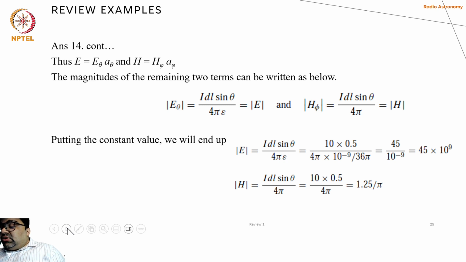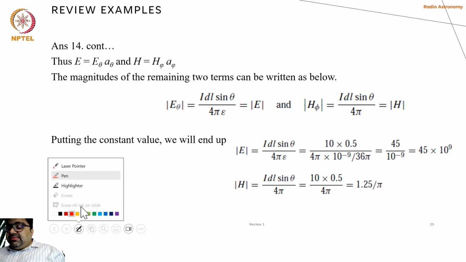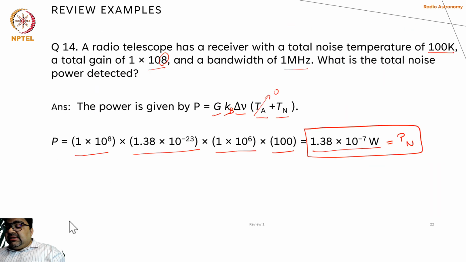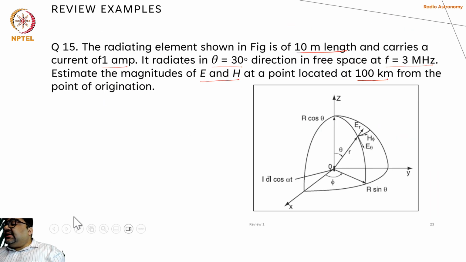If you write it down in this expression, that is all there. So finally, you go for the value of theta equal to 30 degree, so sine 30 is given. The length is 10 meters, current is 1 ampere, theta is 30 degree, and frequency is 3 megahertz.